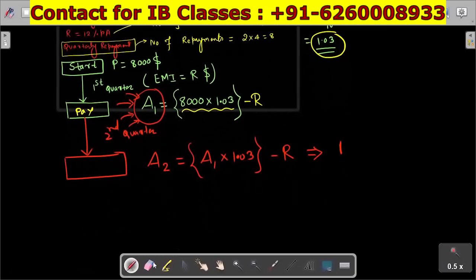Let us put the value of A1 here. So what is A1?